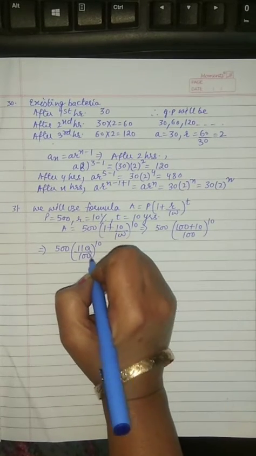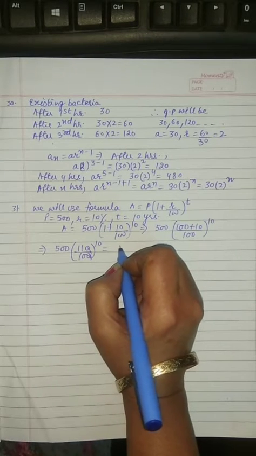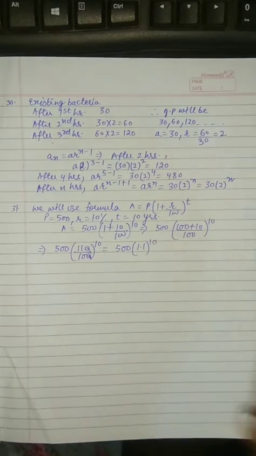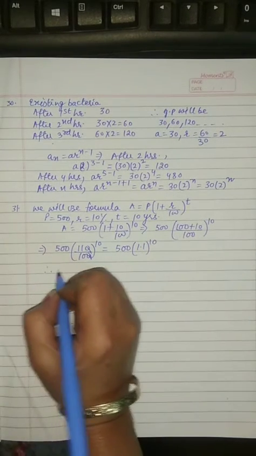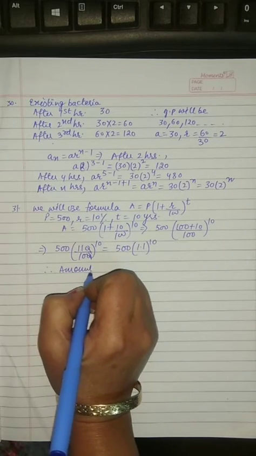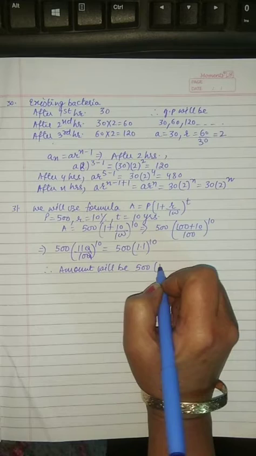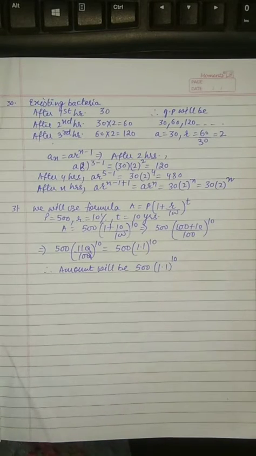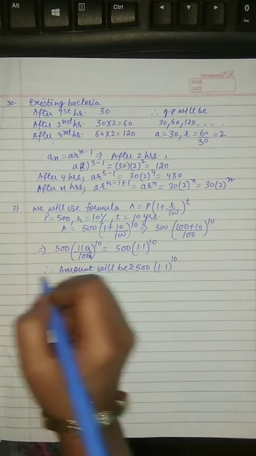So the 0 and 0 will be cancelled. We are left with 500 into 1.1 raised to power 10. So therefore the amount will be rupees 500 into 1.1 raised to power 10.